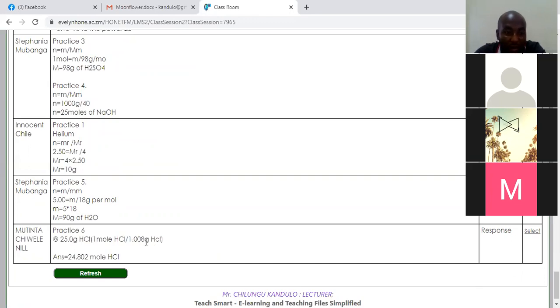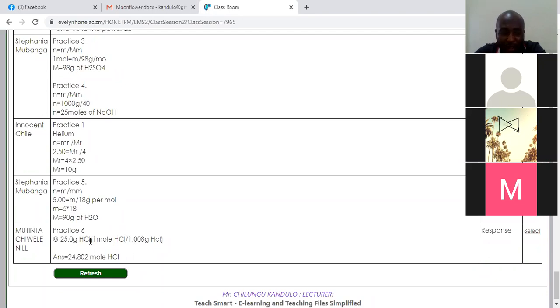HCl. Mutinta, this is not the case. Hydrogen chloride, there's also chlorine. You just included hydrogen. So go and make a correction, madam. When you're finding the molar mass for hydrogen chloride, it should be 1.008 plus the one for chlorine, which is 35.5.